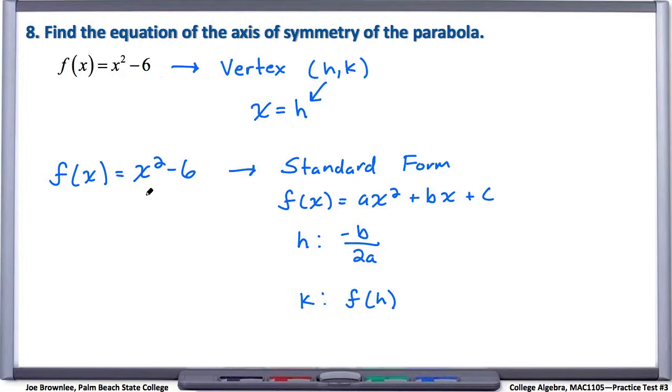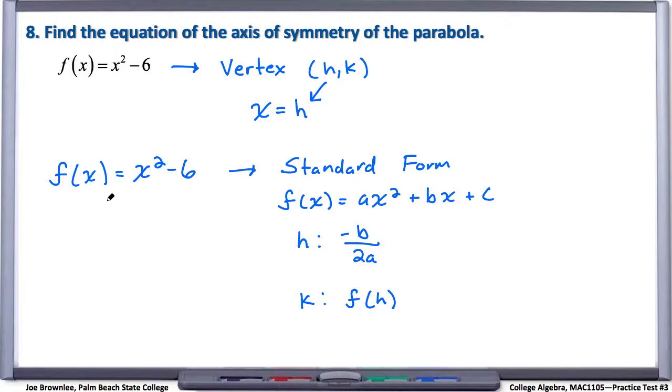So if we look at this given equation, x squared minus 6, as being in standard form, it almost resembles ax squared plus bx plus c, but notice we're missing a term. We go from second degree to no degree, our constant. So we're missing that bx term in the middle.